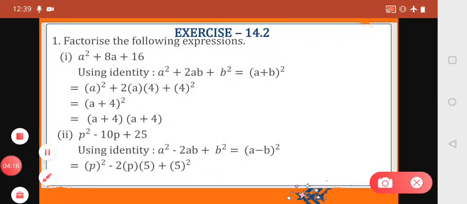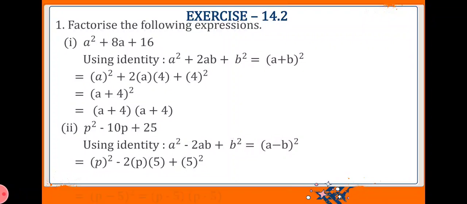Then our last term 25 is the perfect square of 5, and the middle term, that is 2ab. So here our a is p and b is 5. So when we write 2 into p into 5, we get 2 5s are 10p, which is our middle term given in the question. So that is equal to p minus 5 whole square, which we can further write as p minus 5 into p minus 5.